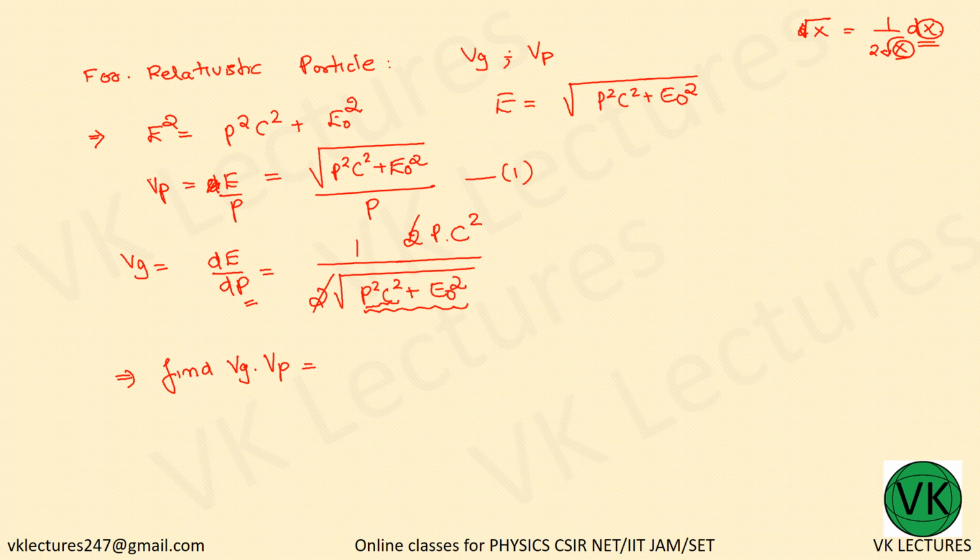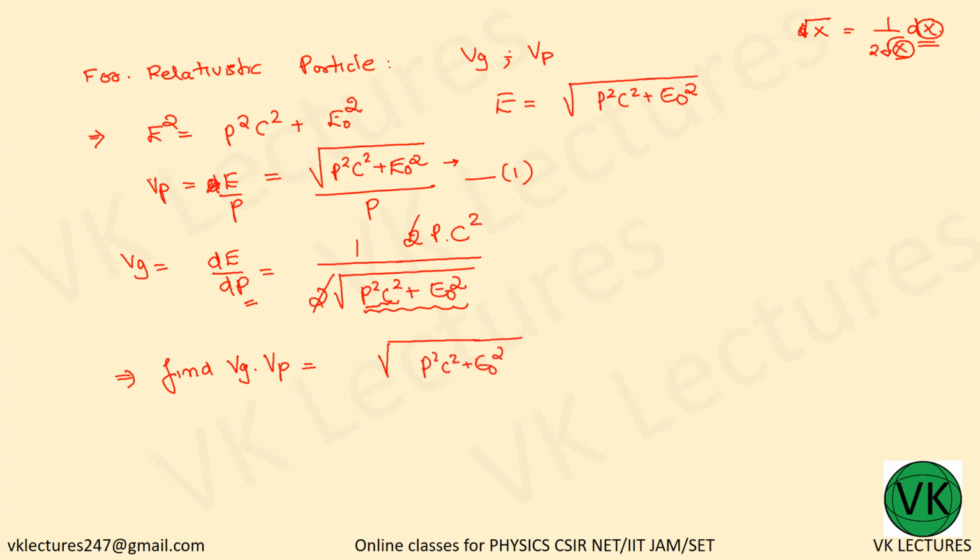Now Vg times Vp is equal to root of P square C square plus E naught square, by P, into P C square divided by the same root.